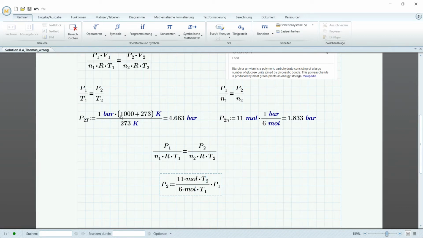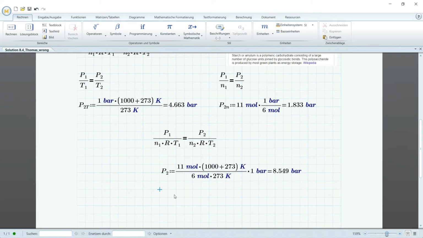T2 here is this 1000 degrees. Our reference temperature was 273 Kelvin, and our initial pressure was 1 bar. Here, the resulting pressure is 8.5 bar.